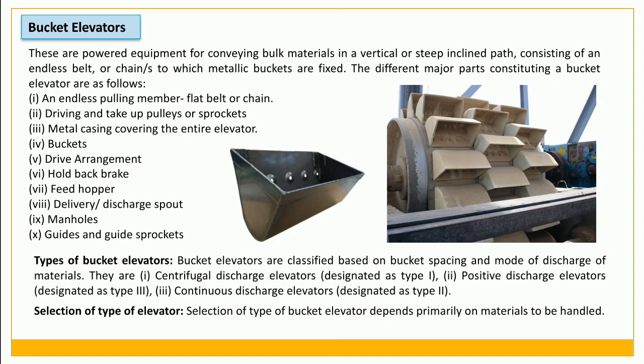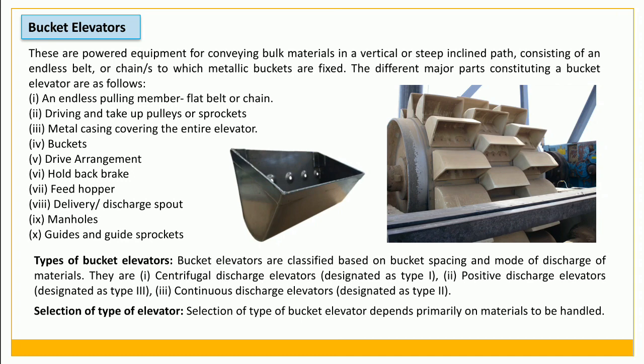Then there are buckets, which are generally made of steel sheet metal, attached at a definite pitch to the pulling members by fasteners. Then there is the driving mechanism, placed at the top, consisting of an electrical motor, gearbox and coupling. There is a holdback brake attachment at the top pulley or sprocket shaft to prevent reverse motion if the drive is stopped.